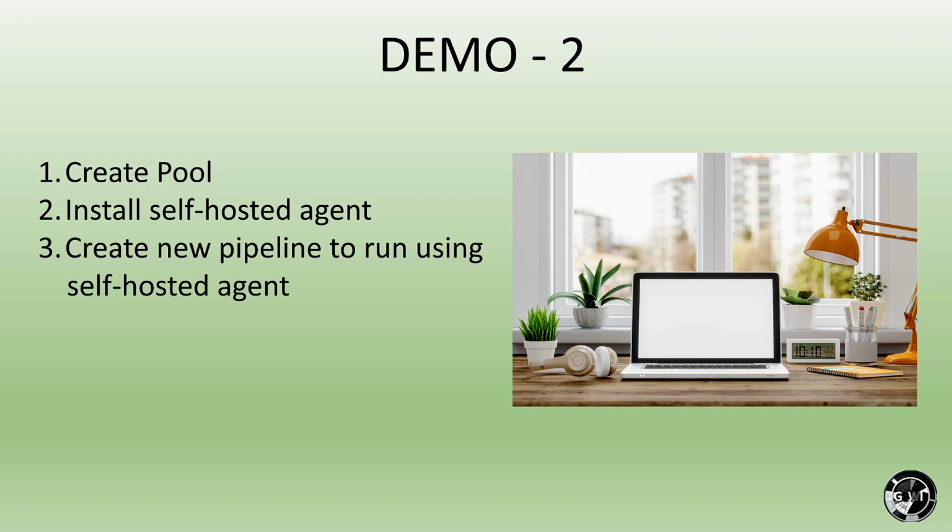This demo 2 is especially for those people whose organization does not allow Azure agent to directly connect to your Azure cloud. So in that case, we have to use our self-hosted agent and install all the software on that self-hosted agent, and then run that agent behind the firewall so that it can connect to the Azure cloud. So let's get started.